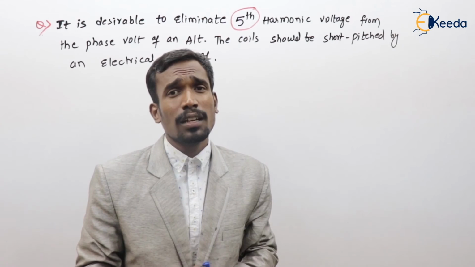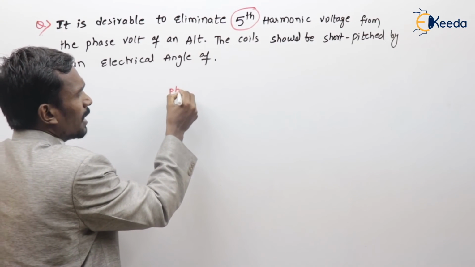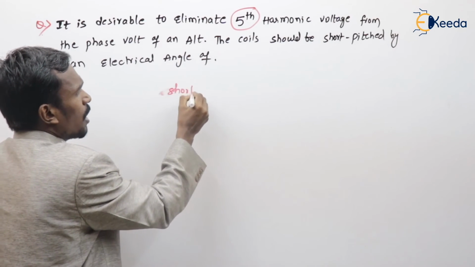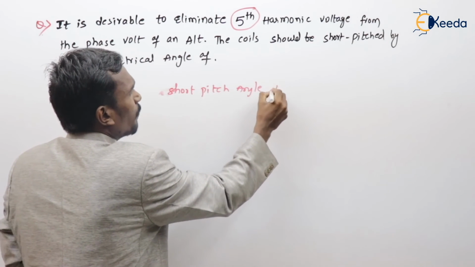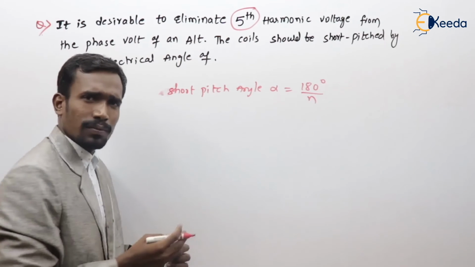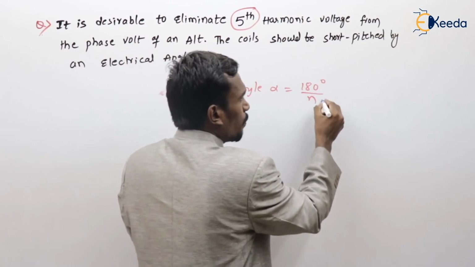Tell me the formula. Generally, short pitch angle alpha is equal to 180 degrees by n, where n is the order of harmonics.